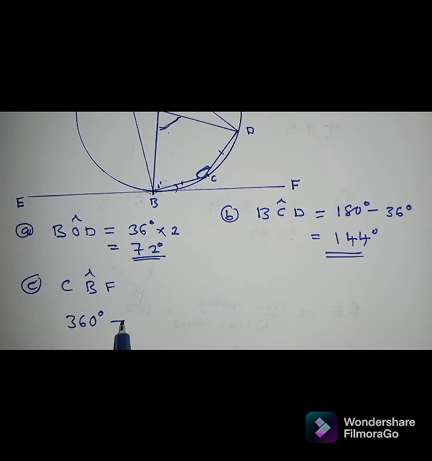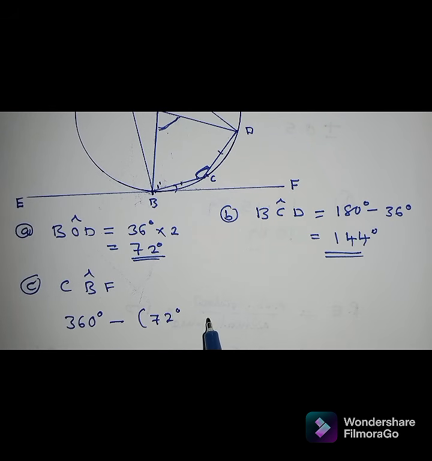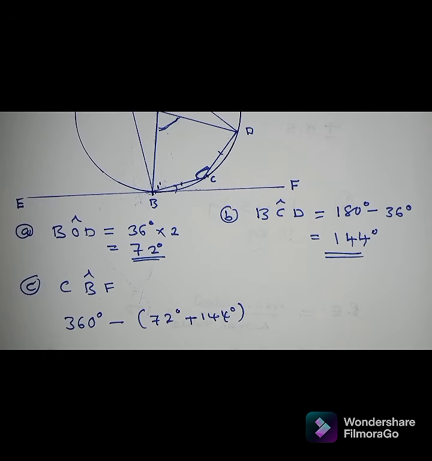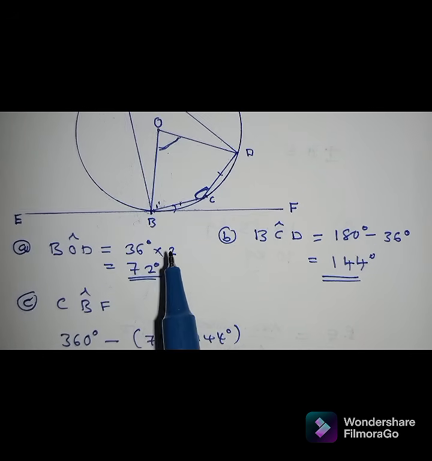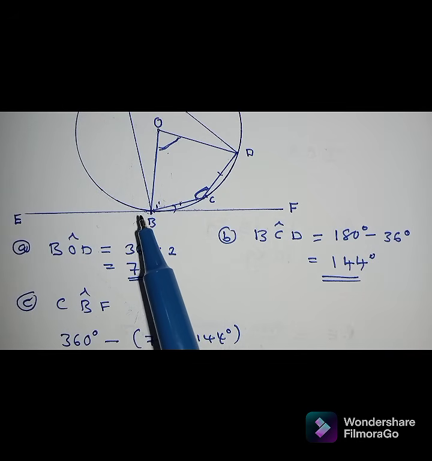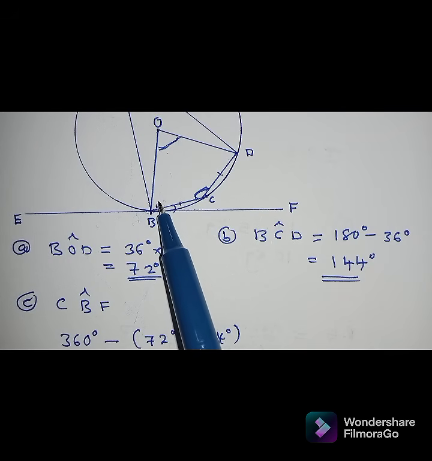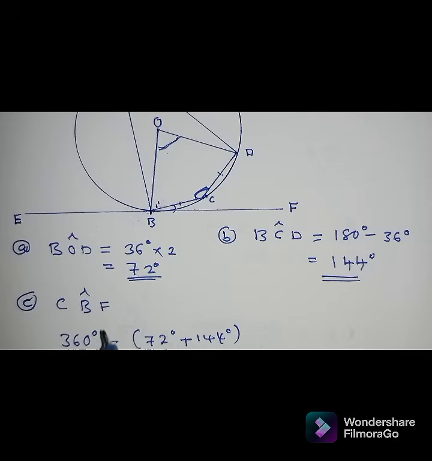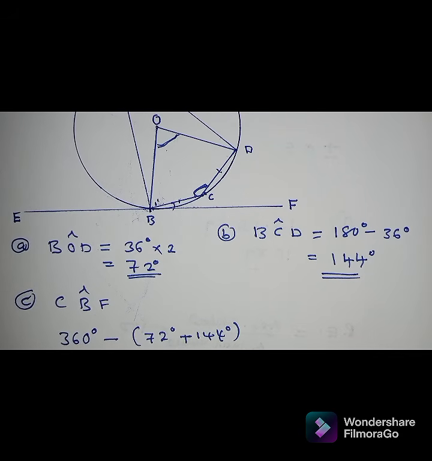360 degrees minus 72 degrees plus 144 degrees. So why am I doing this? I want to find the sum of these two angles, okay? Because I know that when I add this angle plus this plus this plus this, it's supposed to give me 360. Or I'm subtracting the sum of these angles from 360.